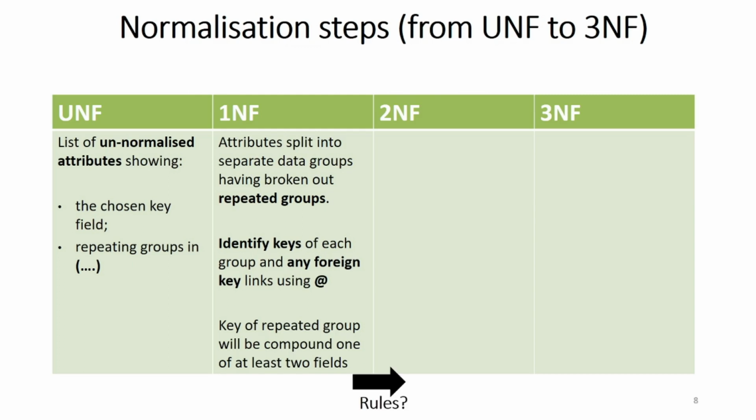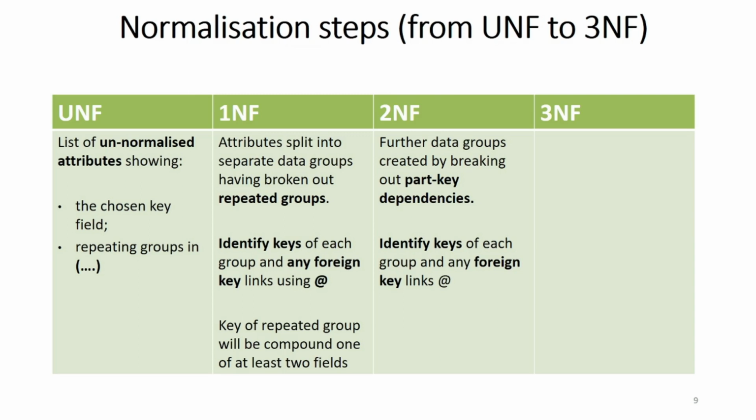Now we're going to see what the rule is for going from first normal form to second normal form. For the second one, we split these attributes, again, into different groups by focusing on part key dependencies. What does that mean?